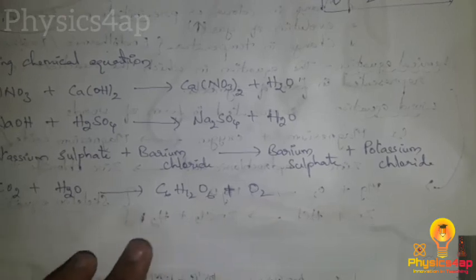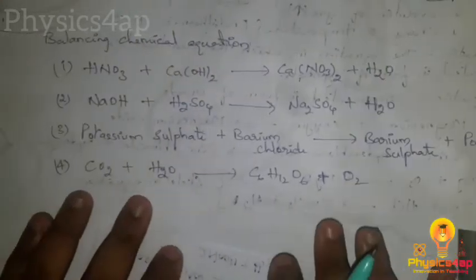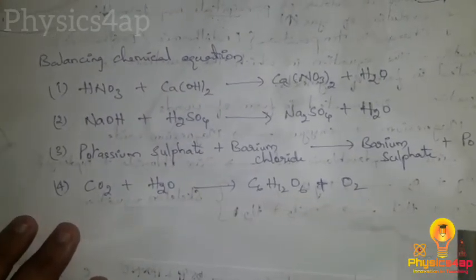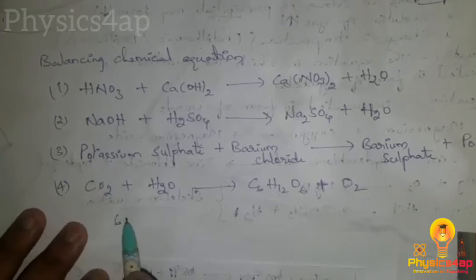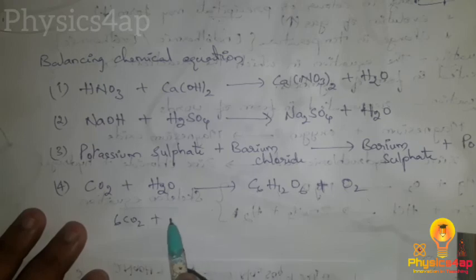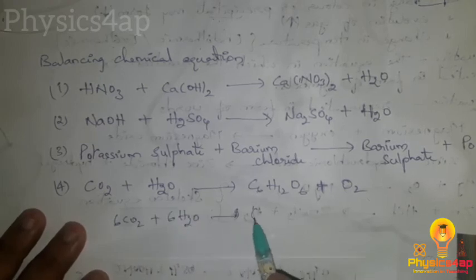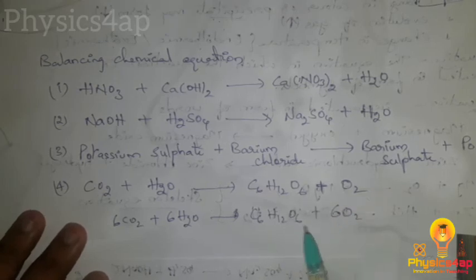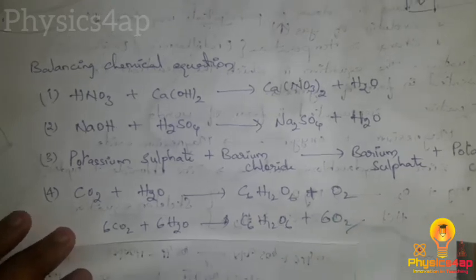This is the photosynthesis equation. So you do the mathematical method which I have told you now. You will get the final answer as 6CO2 plus 6H2O gives rise to C6H12O6 plus 6O2. So you will get the final equation by doing the mathematical method.